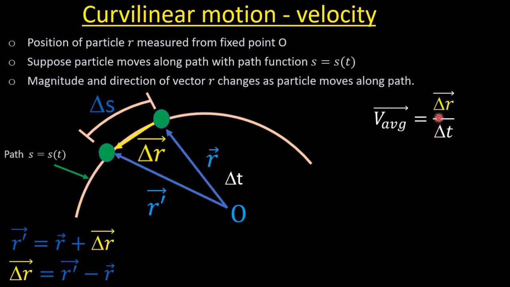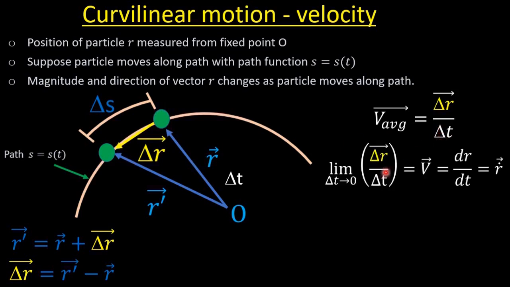We have delta r divided by delta t, and then if we take the limit as delta t approaches 0, we get the instantaneous velocity, which we call big V this time, with a little arrow on top showing us that it's a vector quantity, and that is equal to dr by dt, which is equal to r dot, remembering that dot notation. And that will give us the instantaneous velocity.